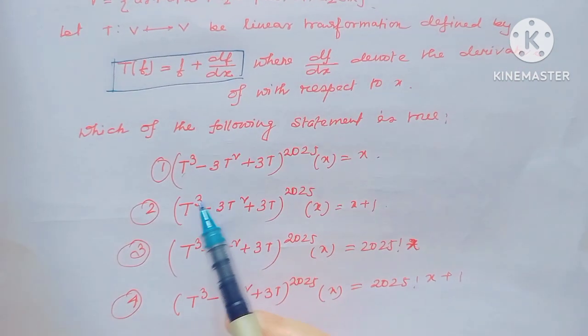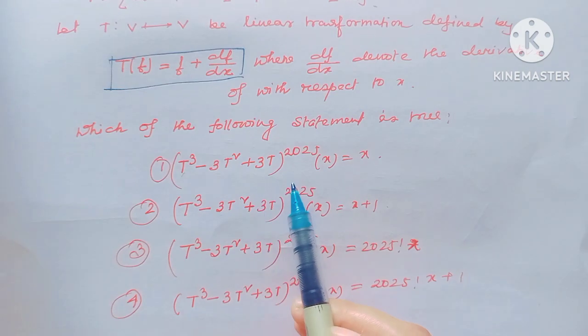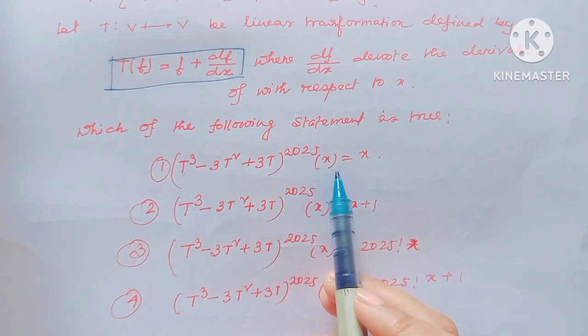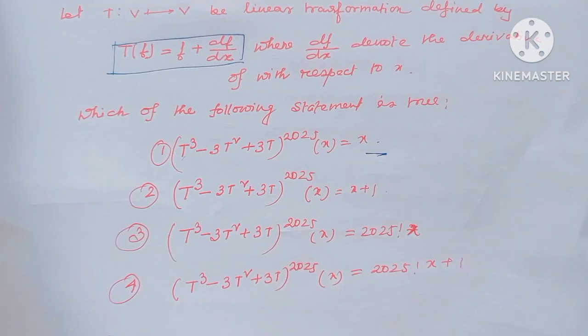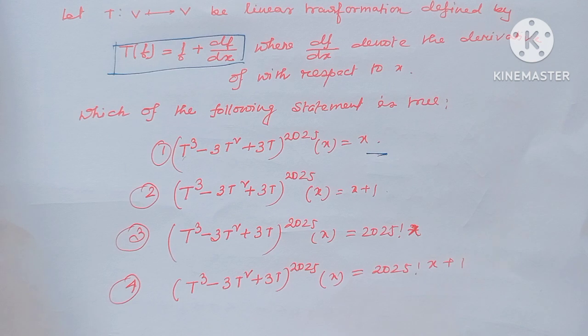Option 1, (T cube minus 3T square plus 3T) to the power 2025 of x equal to x. Option 2, (T cube minus 3T square plus 3T) to the power 2025 of x equal to x plus 1.